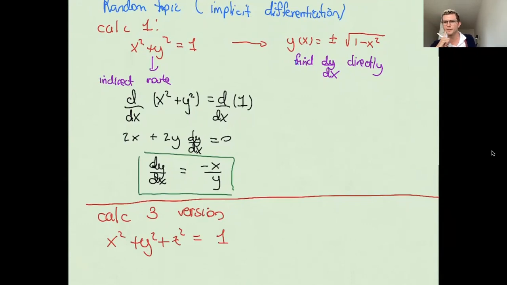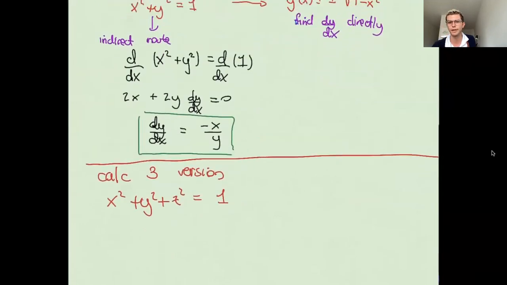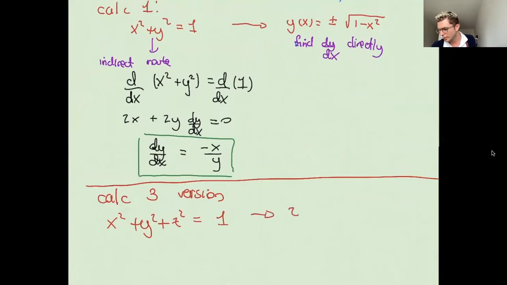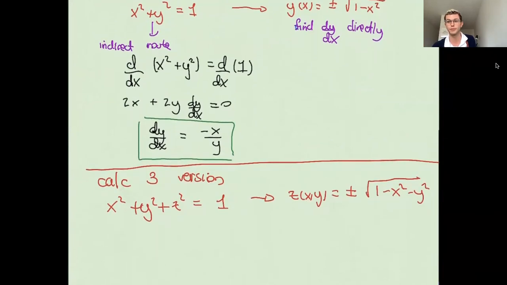And again, if you really wanted to, you could think of z as a function of x and y, which is plus minus square root of 1 minus x squared minus y squared. From this perspective, you could find the partial derivative of z with respect to x and the partial of z with respect to y directly. Is that okay?